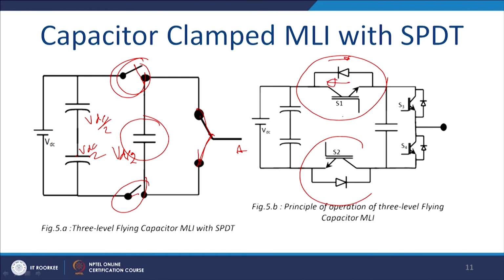This configuration of the IGBT gives you bidirectional current and unidirectional voltage blocking capability between these 2 points. Similarly, it gives bidirectional current and unidirectional voltage blocking capability, and you can close any of the switches here and here, and accordingly you generate the voltage VDC and minus VDC by 2. This is the simplest way of realizing a 3-level capacitor clamp multi-level inverter.